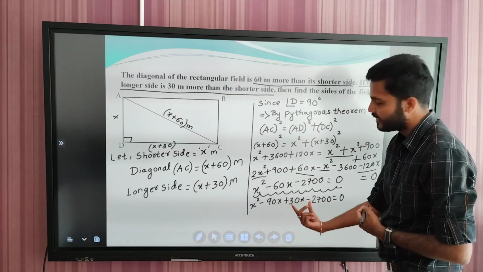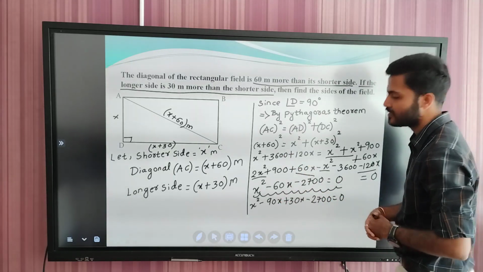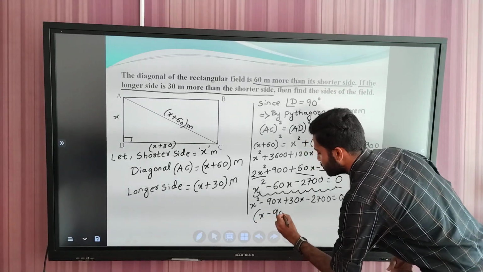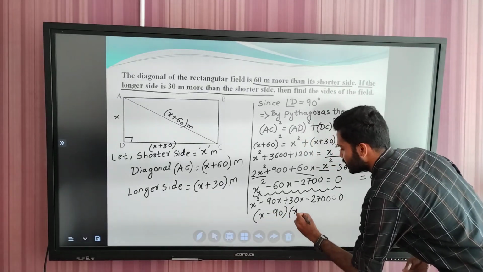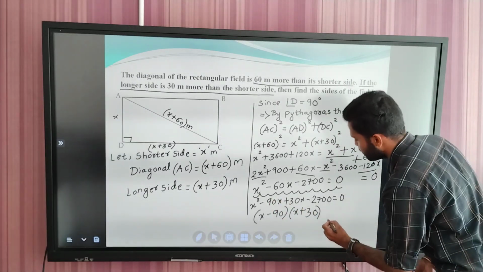Correct? So 90 times 30 will give you 2700, minus 90 plus 30 will give you minus 60. So if you simplify this one, dear students, you are going to get x minus 90 and x plus 30.